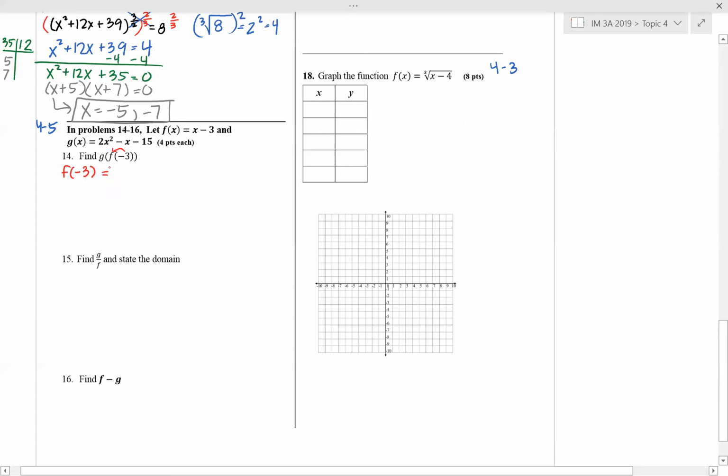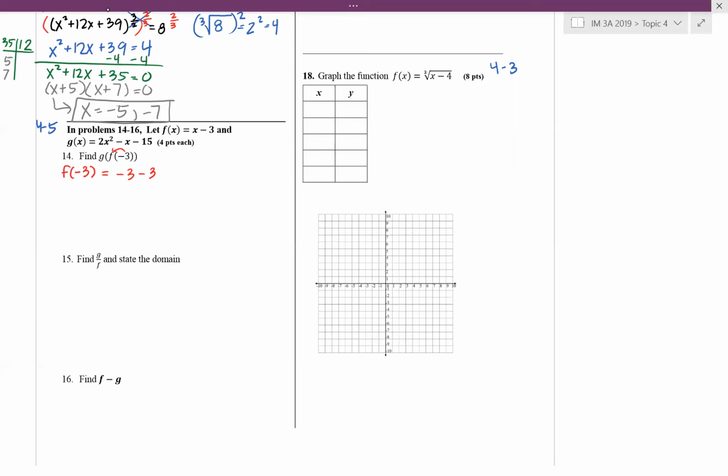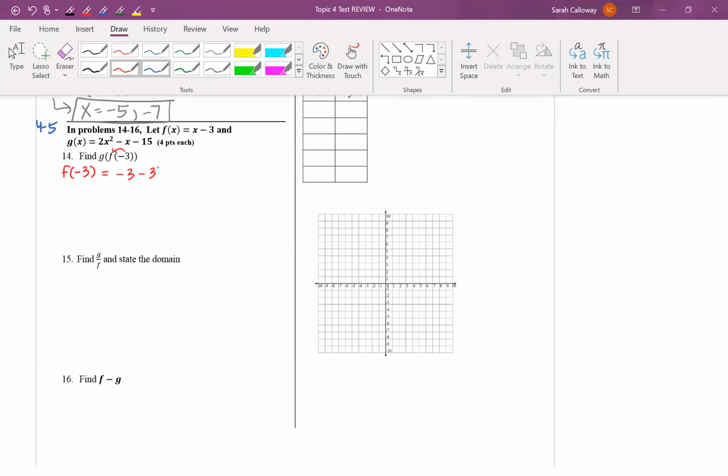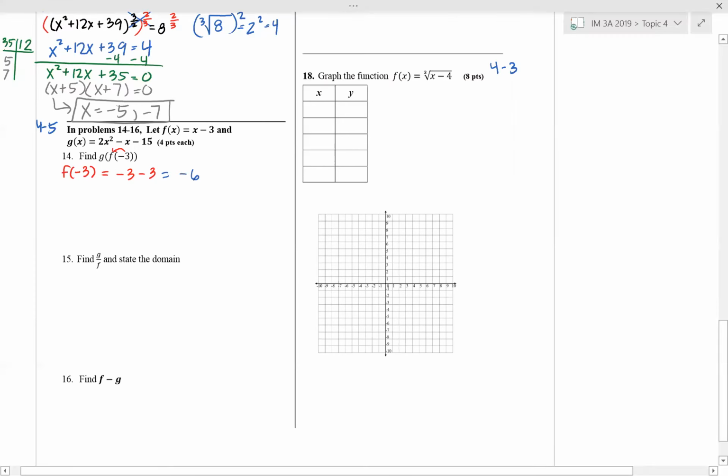F of -3 is -3 minus 3, which gives us an answer of -6. Okay, we're building. So now we're going to take this answer and we're going to plug it in to get g. So we're doing g of -6. So 2 times -6 squared minus -6 minus 15.